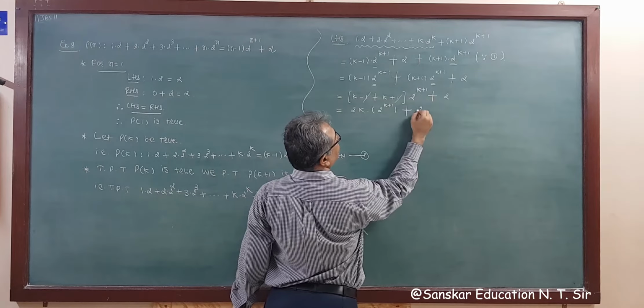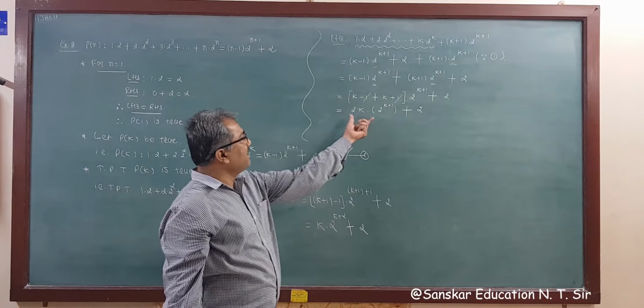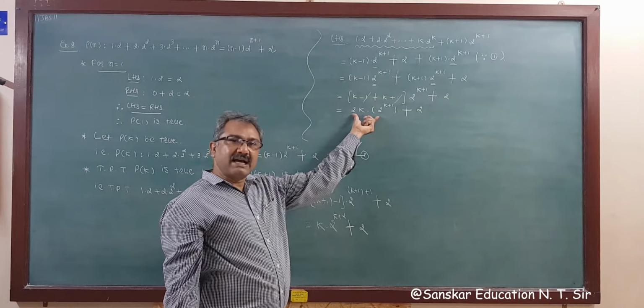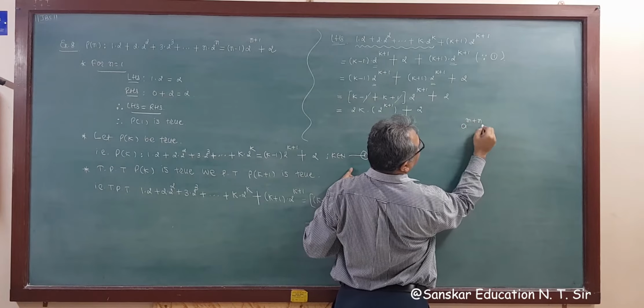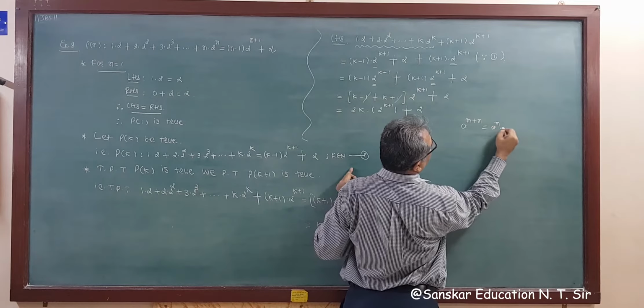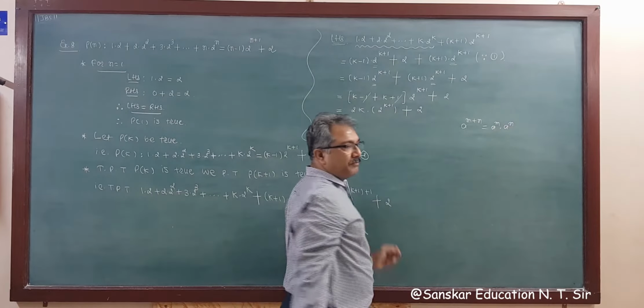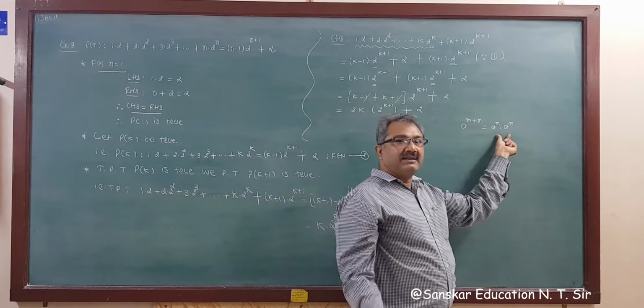Now see, base of these two numbers are same, and you know you have one formula, a raised to m plus n is equal to a raised to m into a raised to n. Means if base are same, then sum of the power.